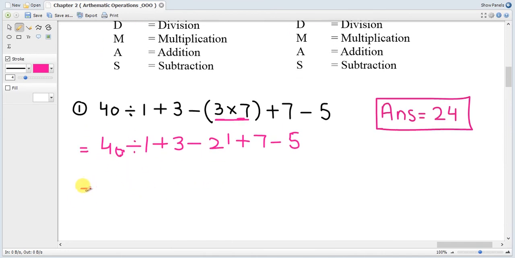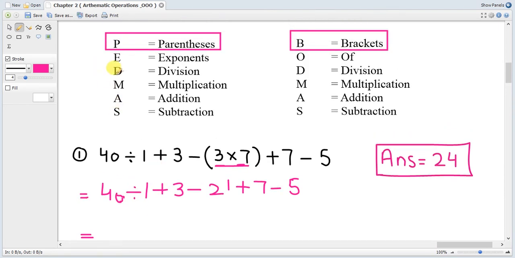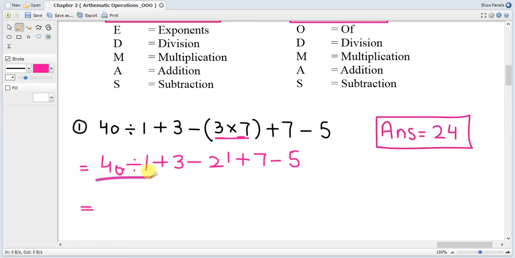Now which two numbers should we solve first? There comes a division, so we solve division first. 40 divided by 1 is 40. Now write the remaining equation as it is, plus 3 minus 21 plus 7 and minus 5.